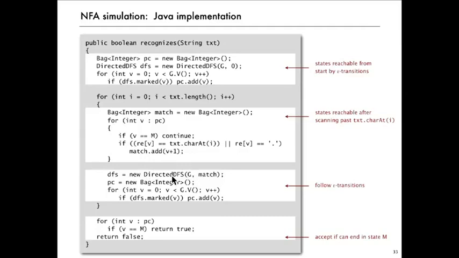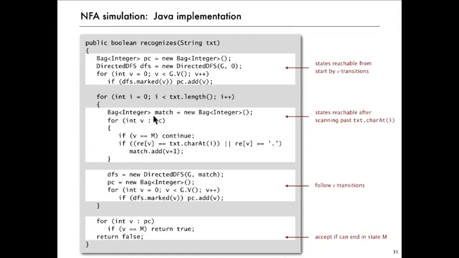So now we build another DFS, which marks all the states that you could reach by starting with any of the states in match. And now we'll rebuild a new PC. We'll just set PC to a new bag and put in all the marked states from that search. So those are all the ones that you could get to via epsilon transitions right after a match. Now we have a new PC, and we've read the ith character, and we go to the i plus first character and simply continue.